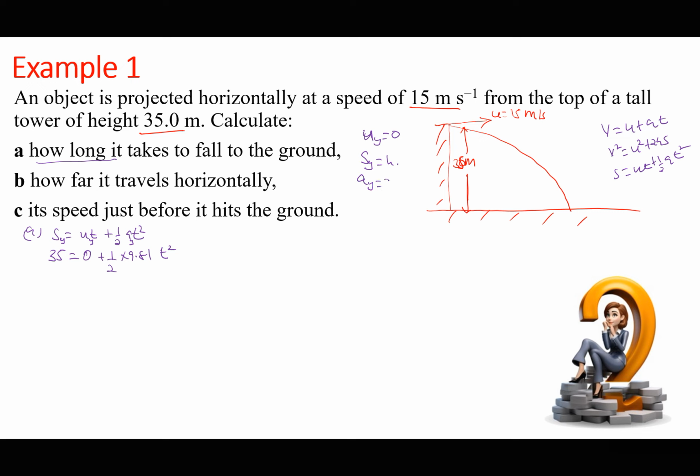Acceleration in the vertical is 9.81 and it is positive because the body did not move above the point of projection. It just moved downwards. So acceleration in the vertical remains positive. So this will give me the value of t. I'll just press my calculator. This will be 35 times 2 divided by 9.81 under the square root.